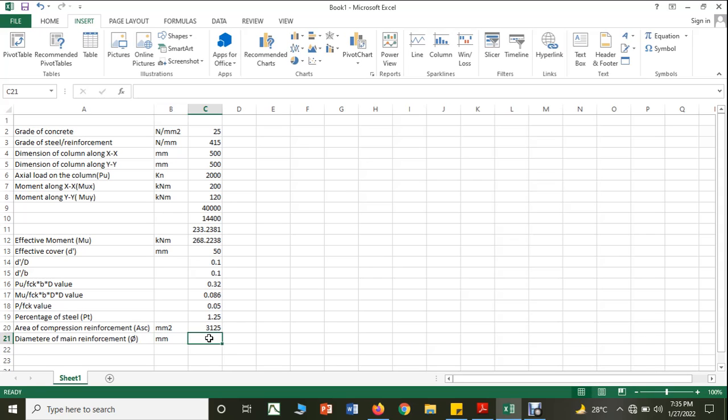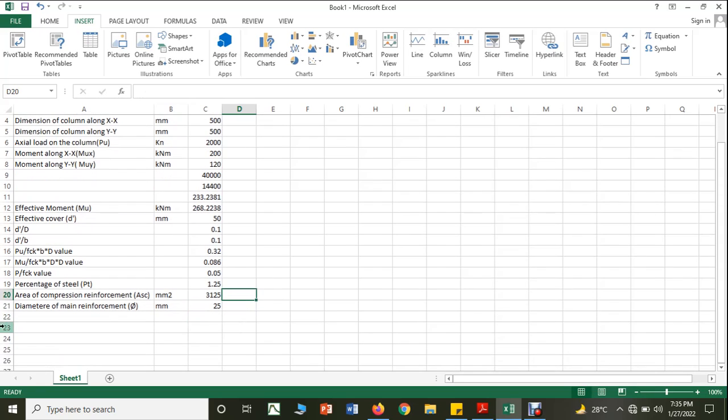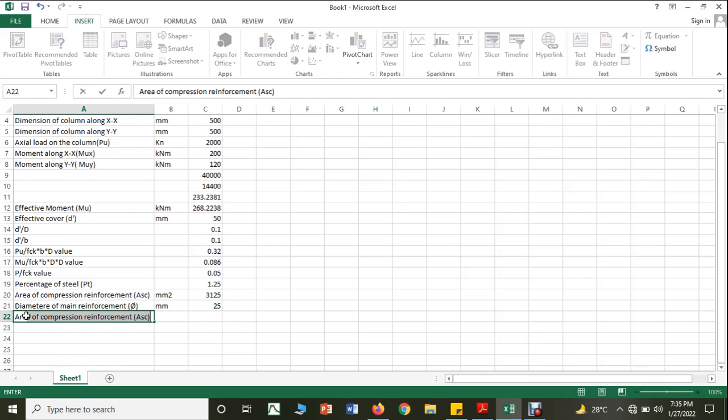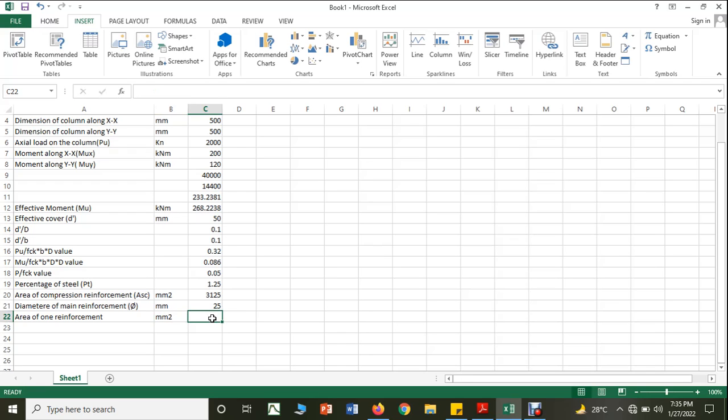I can use 25 mm diameter reinforcement. Therefore I can get the area of one reinforcement bar in mm square, which is 3.142 into 25 into 25 divided by 4, so that will be 490.